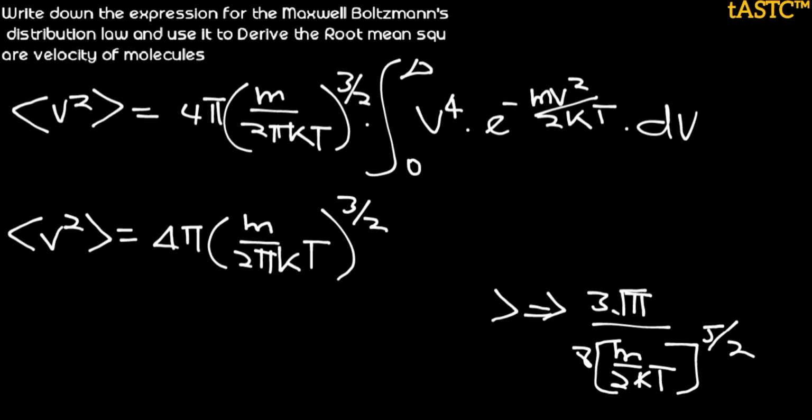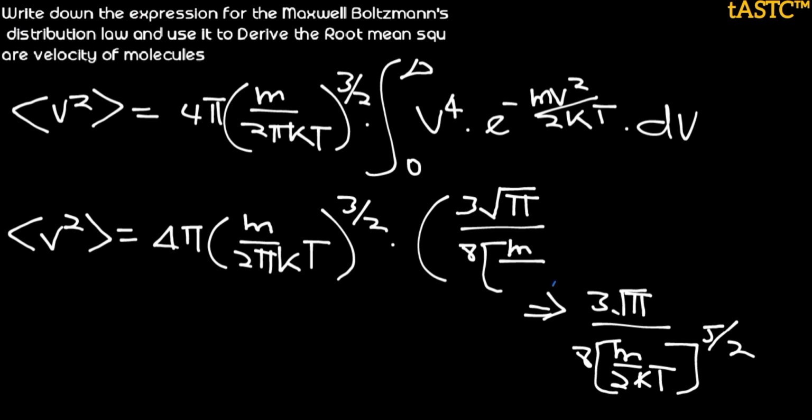So I'm going to take these out now. Here we're going to have 3 root pi divided by 8, multiplied by m over 2kT, raised to 5 halves.